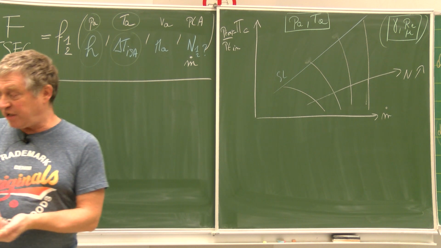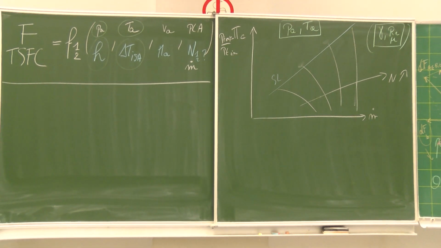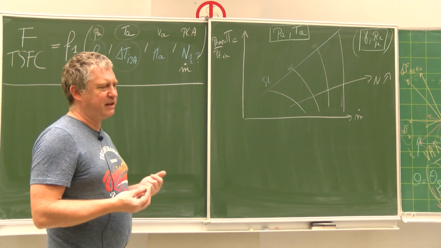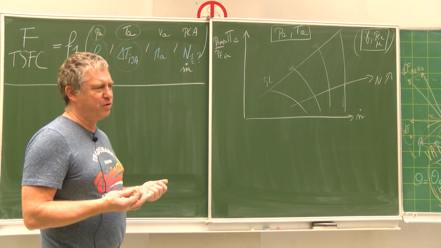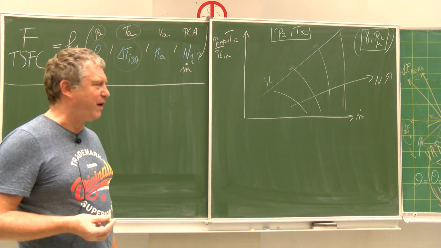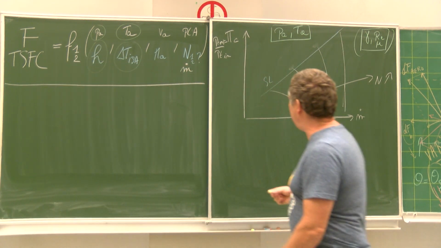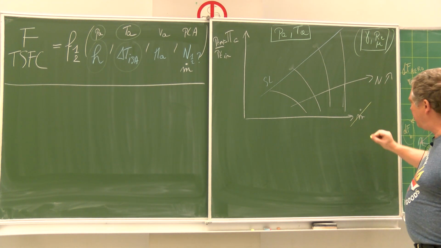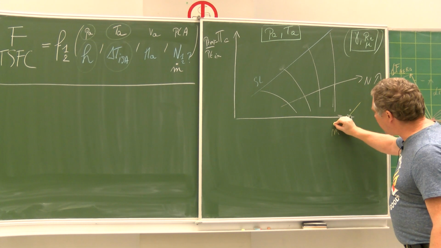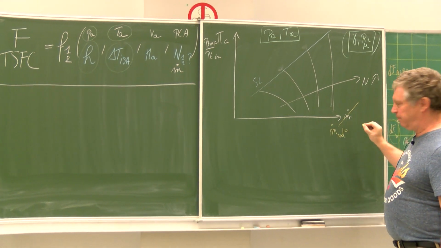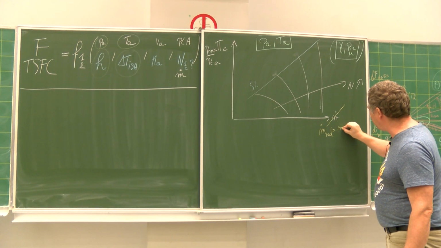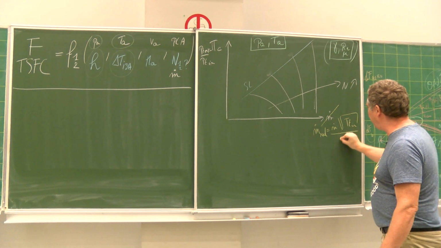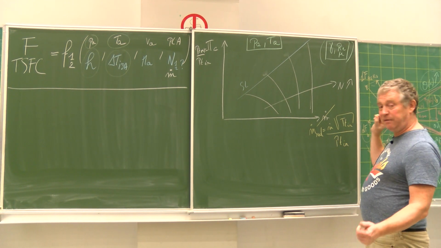And how have we solved this problem? We have introduced the reduced parameters, considering the theory of Vaschy-Buckingham, by introducing a way to define these reduced parameters. And we have solved the problem by replacing this parameter by what we have called the m dot reduced, that is equal to m dot multiplied by the square root of the TT in divided by the PT in.